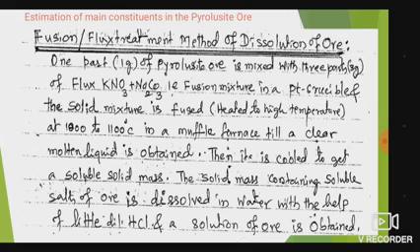The solid mixture is fused at 1000 to 1100 degrees Celsius in a furnace till a clear molten liquid is obtained. Then it is cooled to get a soluble solid mass, which is dissolved in water with the help of little dilute HCl, and the solution of the ore is obtained.